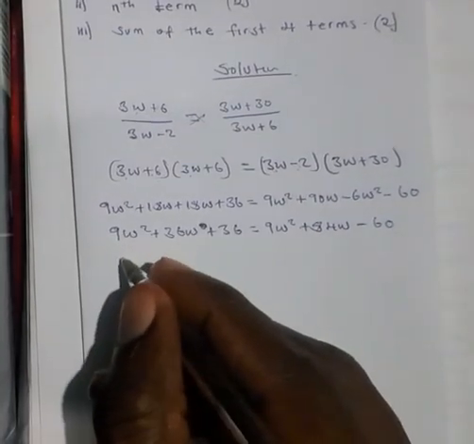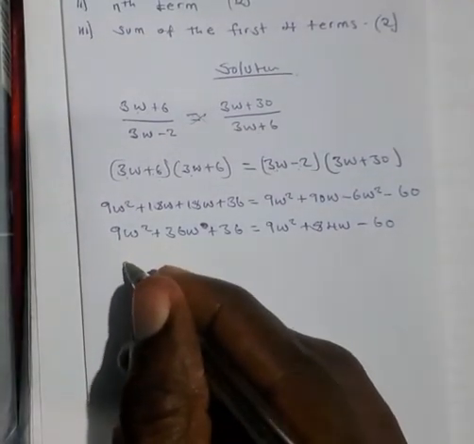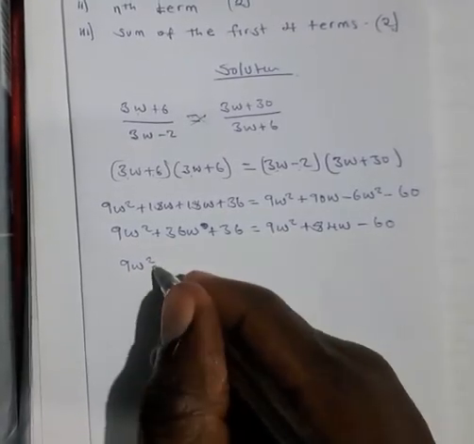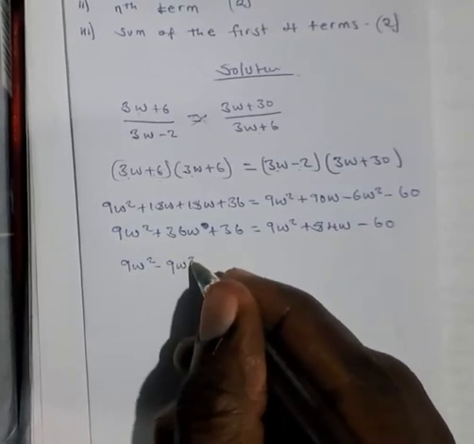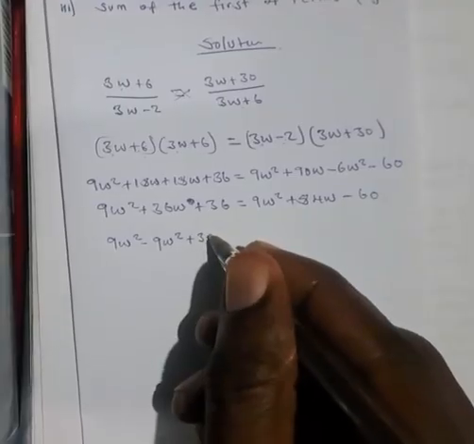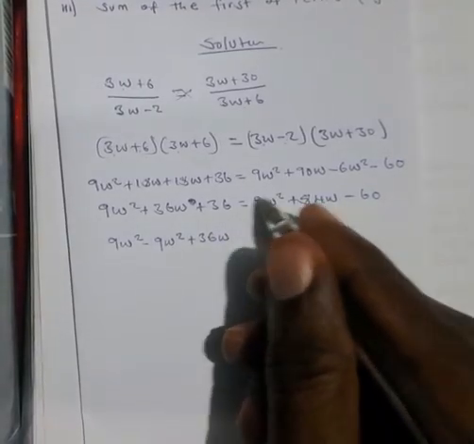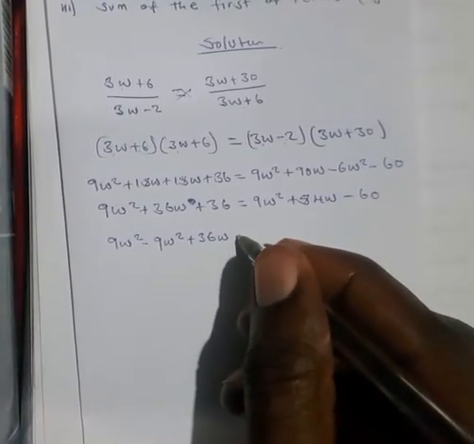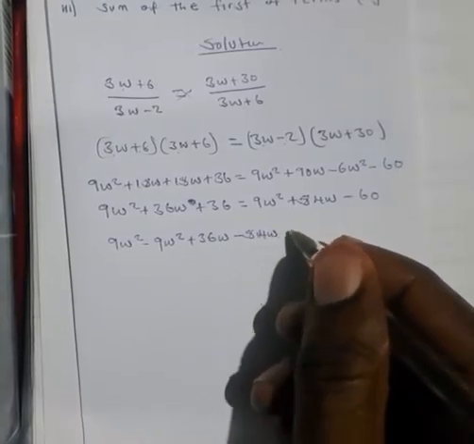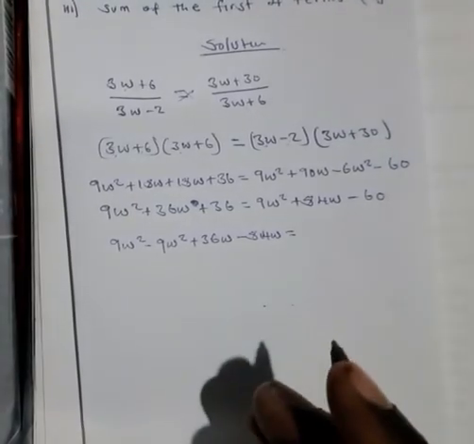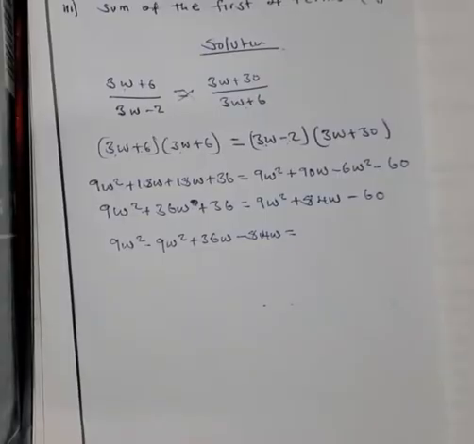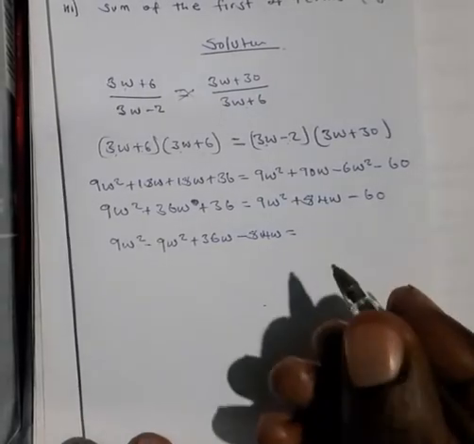So we're going to have something like this: 9w squared minus 9w squared, then plus 36w. This one will come here to be negative 84w is equal to, so what we've done here is that those that have variables, we've grouped them to one side, and those that don't to the other side.